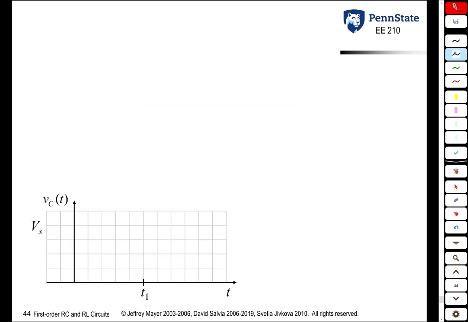We can put these two expressions together to get a final expression for Vc of t. We had DC steady state before the pulse turns on. Then between time 0 and T1, we had a charging capacitor.